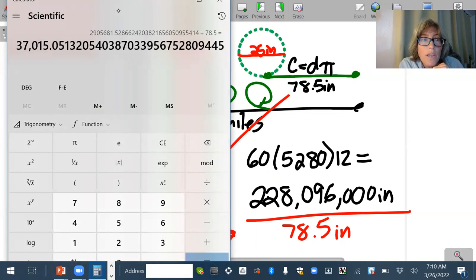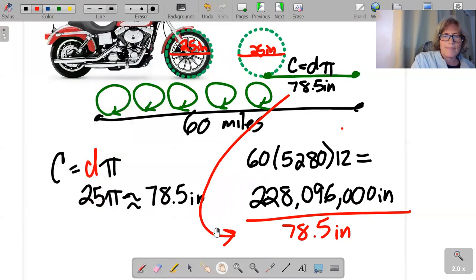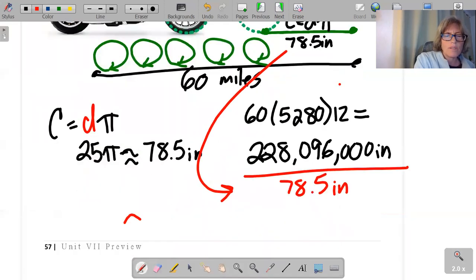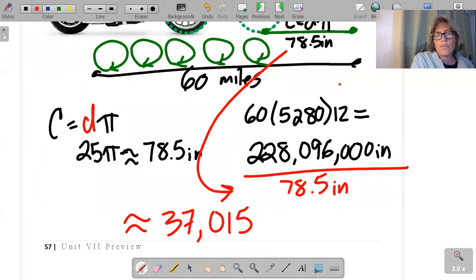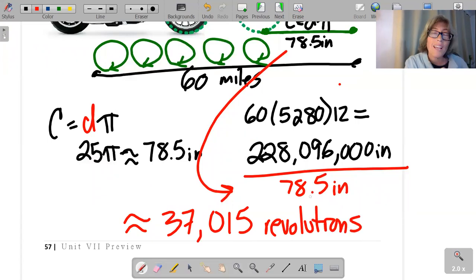Approximately 37,015 revolutions. So that Harley Davidson wheel revolves approximately 37,015 revolutions from San Jose to San Francisco.